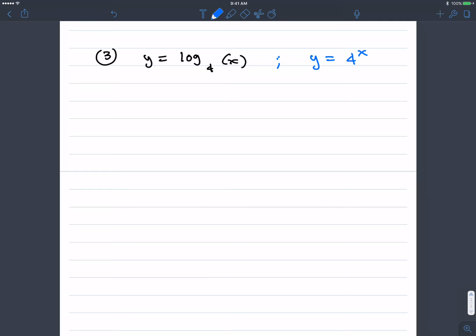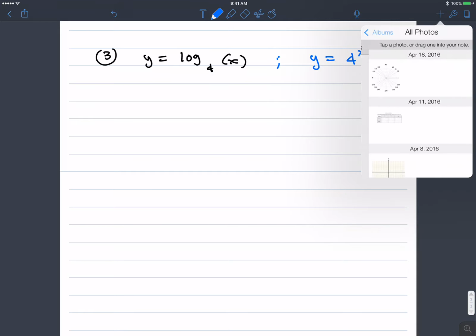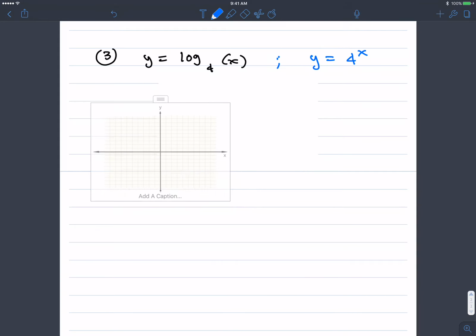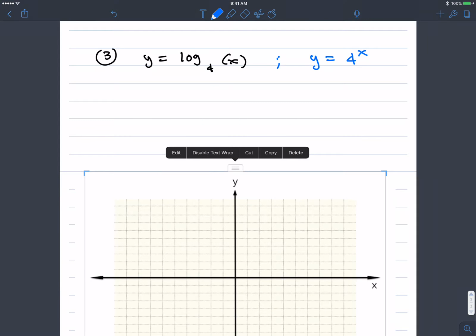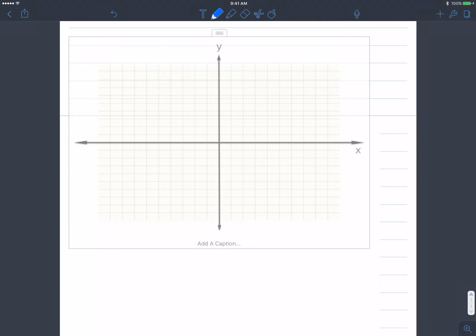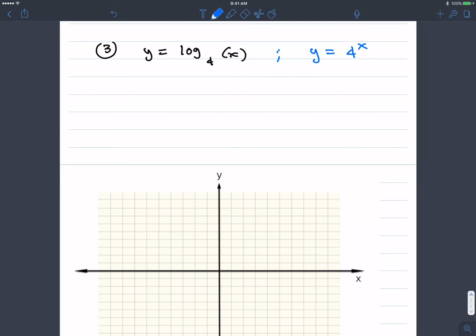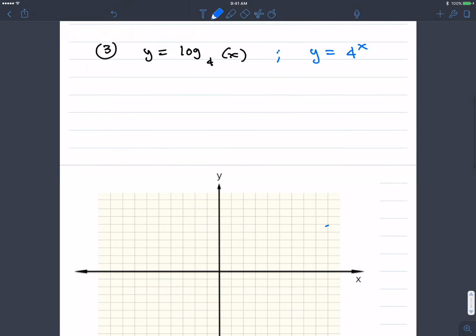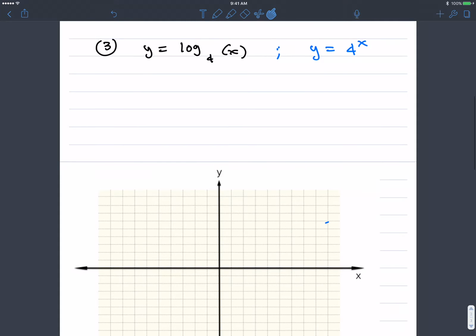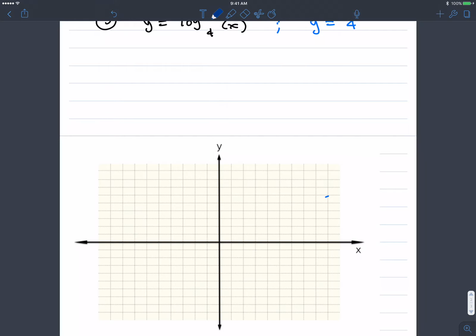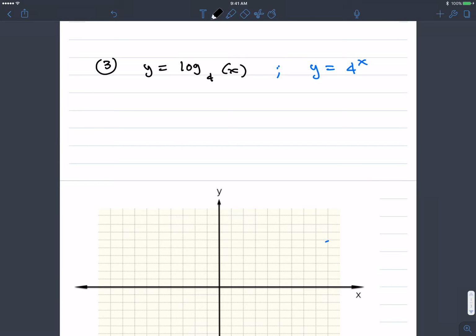So let's import a graph here to get started. We're just going to have to try this out here. Maybe we can use this information to review a little bit.